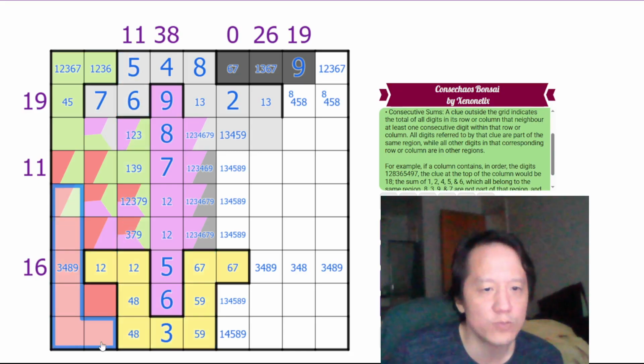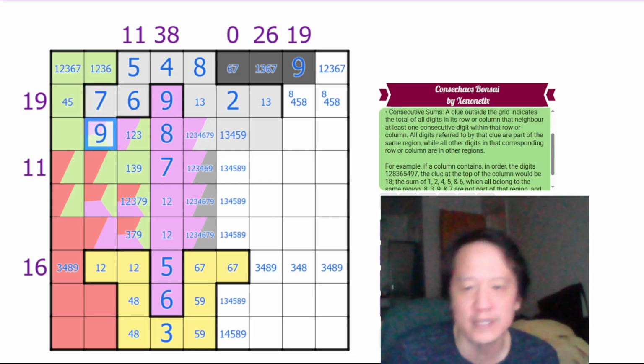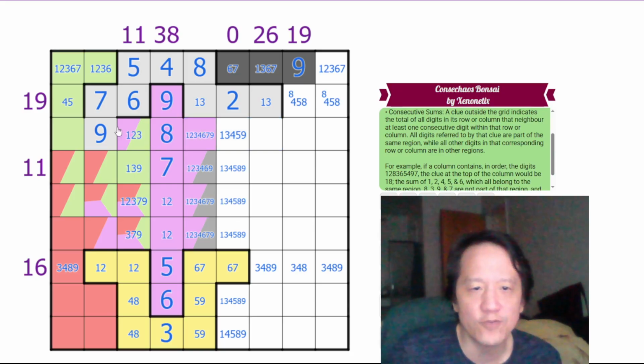That means we have red and green accounting for 2 of the 9s, but what accounts for the last 9? It must be light. So this has to be a 9. Is light. And these cannot be light anymore. So we have the full region here then, for the light region.